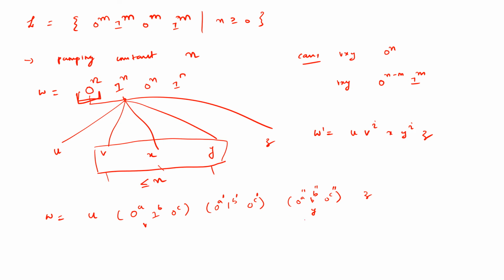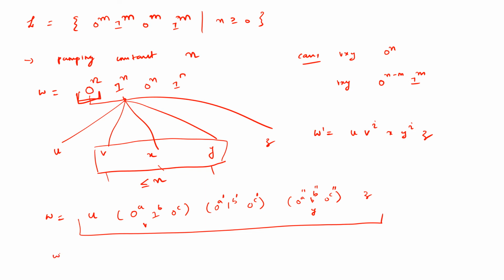Are you convinced that this is how the partition scheme will look? Here you can make a equal to 0, b equal to 0, and c equal to 0. That way, any partition you take will fall in this scheme.